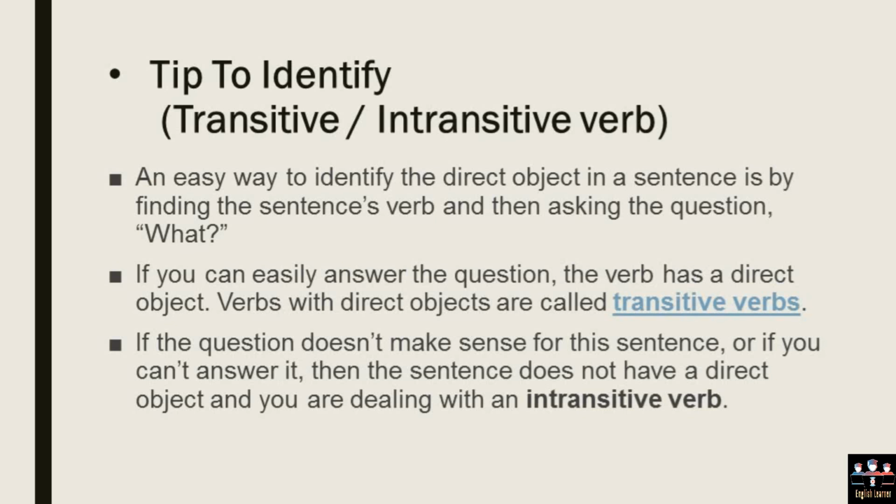Let us conclude the whole lecture in a simple tip: a transitive verb is going to have a direct or indirect object to pass over its meaning or to give the complete sense, and it will answer you about what or whom, and an intransitive verb is very much contrary to it. An intransitive verb will not have any object and it will not answer us about what or whom.